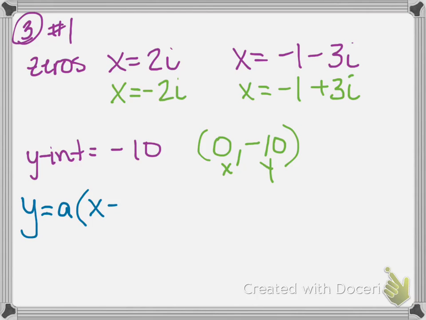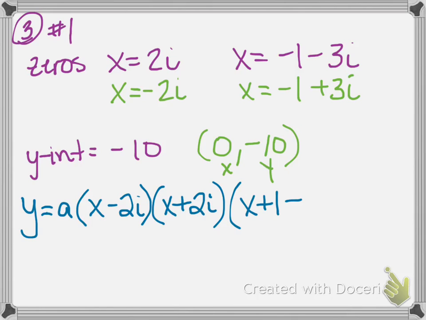So the positive 2i changes, it's opposite. The negative 2i changes, it's opposite. The minus 1 changes, the minus 3 changes, the minus 1 changes, and the positive 3i changes. Okay, so there's the factored form.